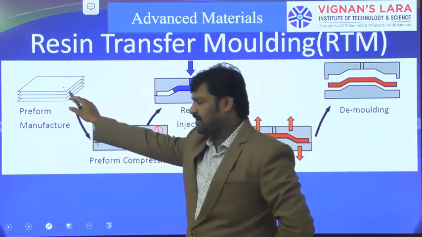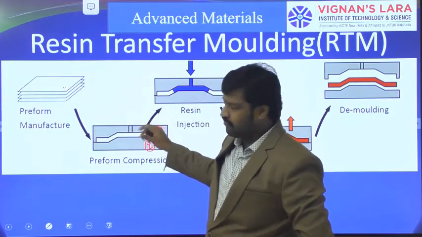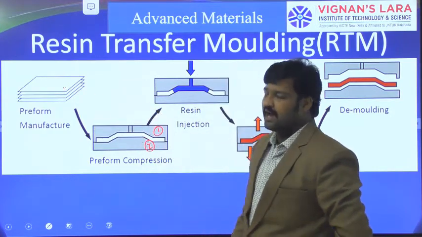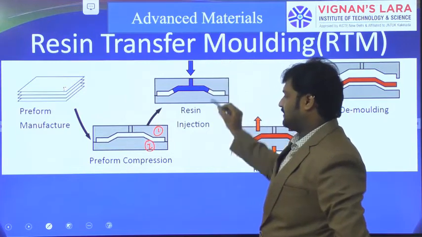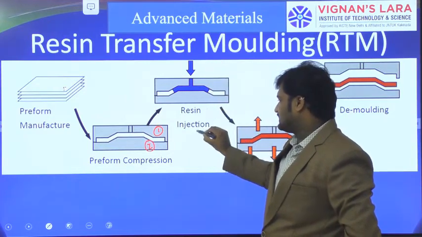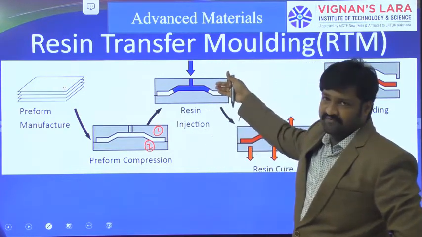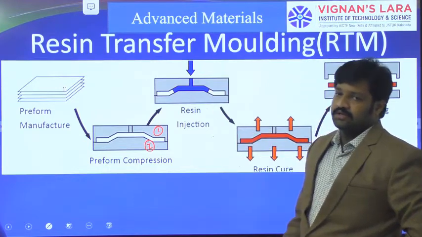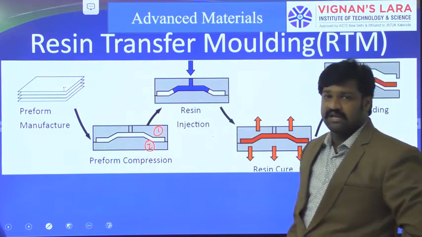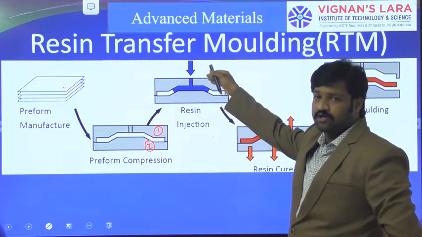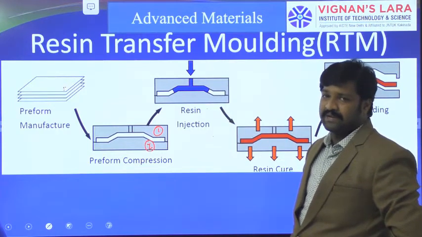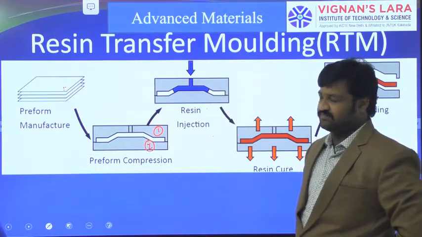After placing our fibers onto the die, we need to close that die. After that, the third step is resin injection. At this stage, we are pushing our matrix material onto the reinforcement. It means impregnation takes place at this stage.